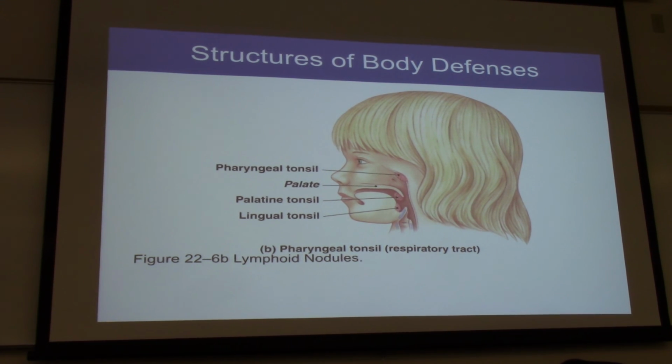Remember, it goes up and drains your middle ear. Well, there's where it opens, in the nasopharynx. And that's one of the reasons little kids get so many ear infections: their tonsil here swells up a little bit, blocks that thing off, and then they can't drain their middle ear and they get ear infections. Part of the problem is also the fact that the auditory tube in children is so short and small that it gets blocked off. But there it is, right there.